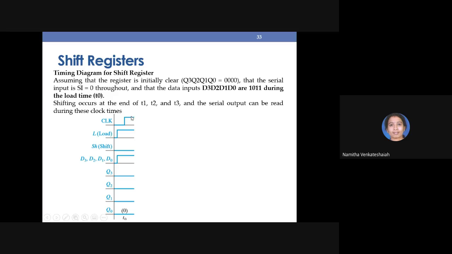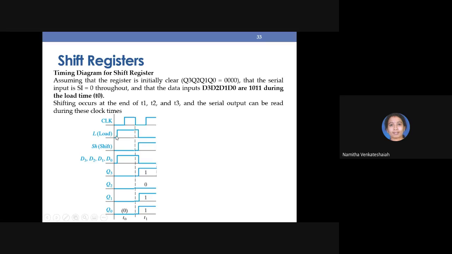Look here. Initially load is equal to 1, shift is 0, and this is the value of D3. What will be the value of Q3? At one clock cycle, since it is parallel in, whatever the value of D0, D1, D2, D3, 1011, got loaded to Q3, Q2, Q1, Q0.